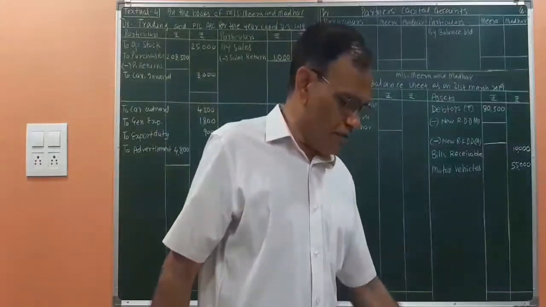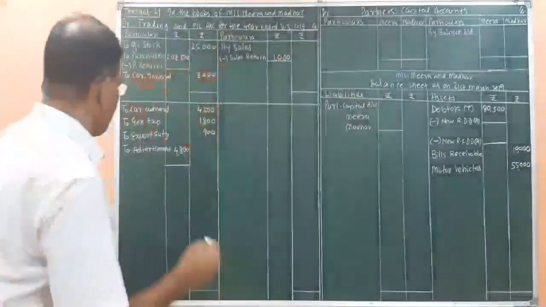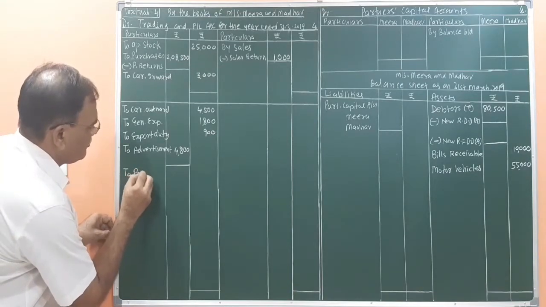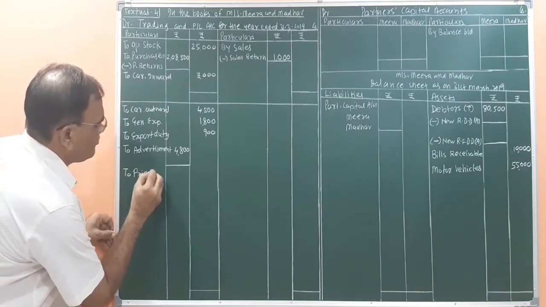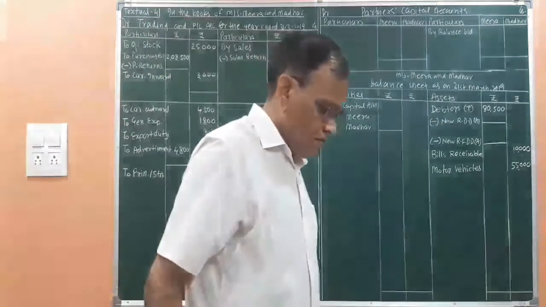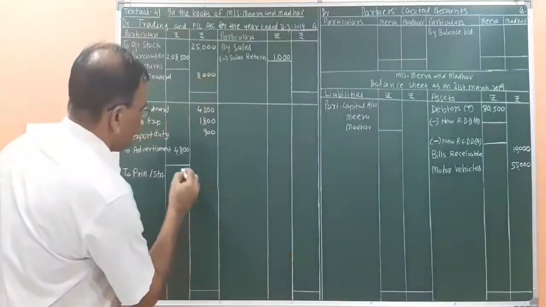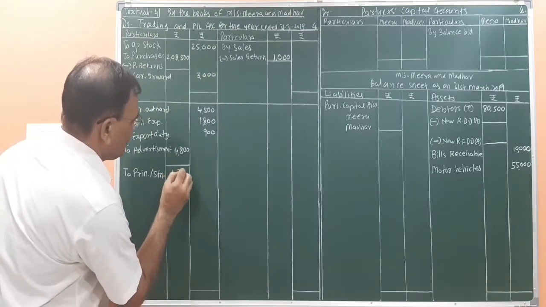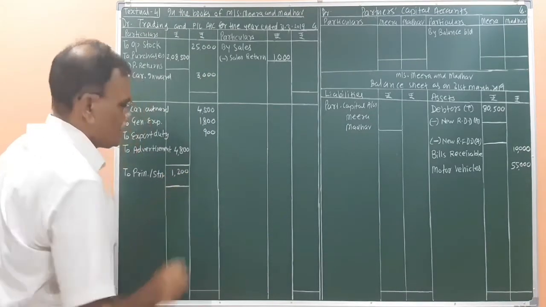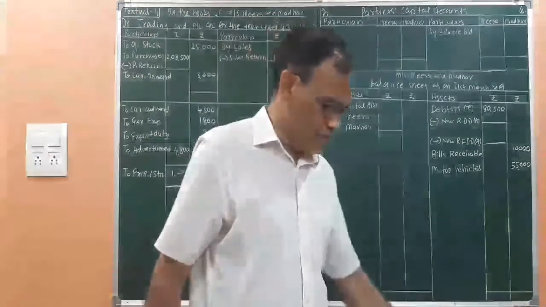Printing and stationery 1,200. So to printing and stationery 1,200 in the inner column because there is an adjustment.